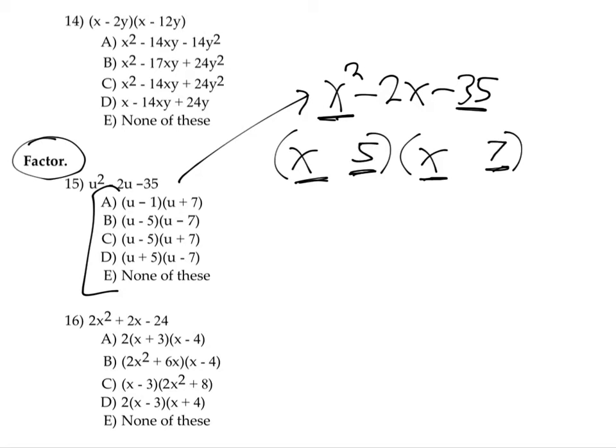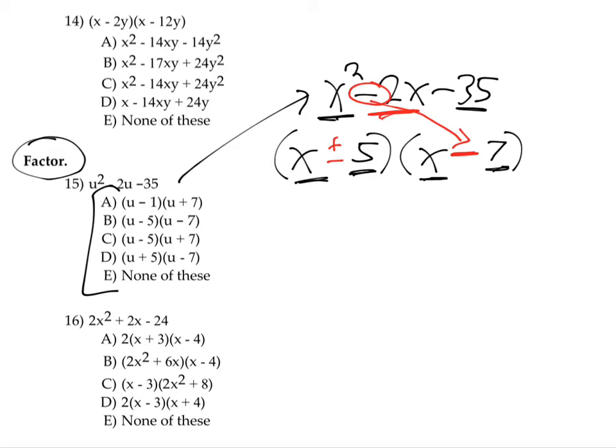5, 7. Now, how do the signs go? Remember the rule? Sign in the middle always goes on the bigger number. So the bigger number is the 7. So the sign in the middle has to go on the bigger number. Now, the smaller number can be plus or minus depending on what it takes to make the middle correct. But the sign in the middle always goes to the bigger.